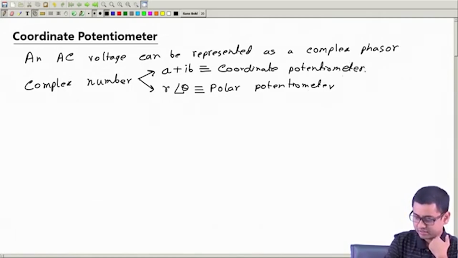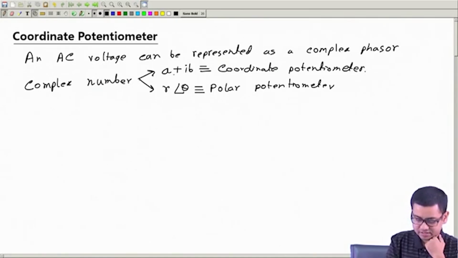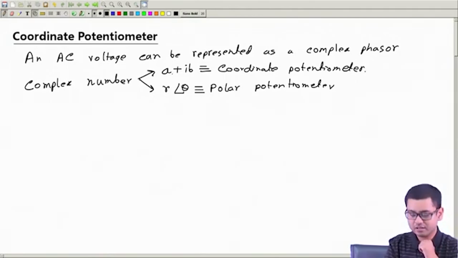So, today the potentiometer that we will see will measure the unknown voltage in this form, A plus iB. Okay. So, basically we need two potentiometers, one to measure the real part of a complex voltage, another to measure the imaginary part, so to say.